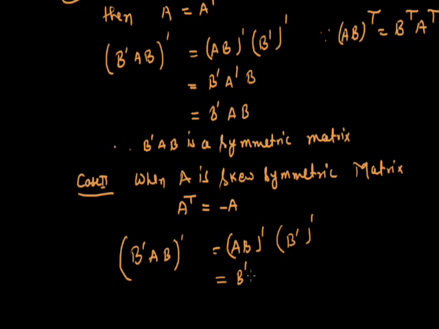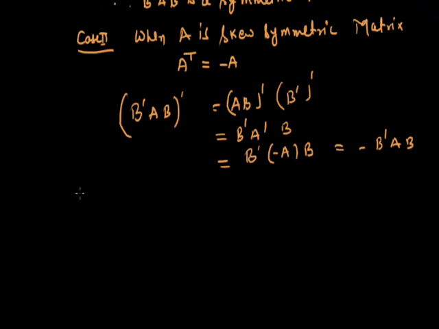So this is equal to B' A' B. Now A' is equal to minus A. So this is equal to minus of B' AB. Therefore B' AB is a skew symmetric matrix.